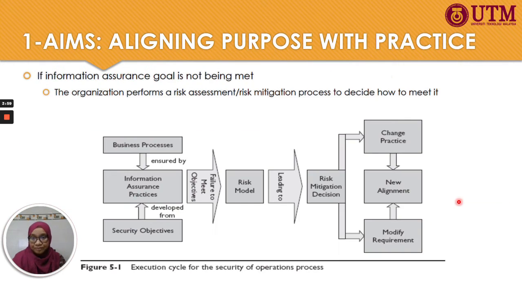to happen. Okay, so this is how we can align from the business processes until you go to the operation in a secured manner. When you look into the information assurance practice, we must assess the business process. This is your security objective.